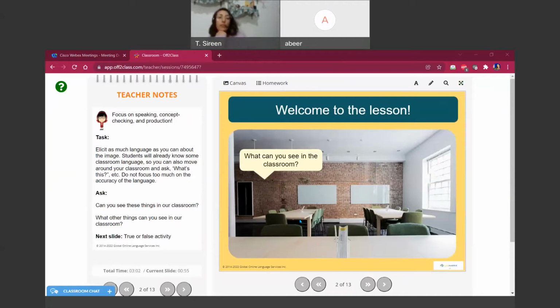شو هي أشياء مثلا عندك كمان أنت بالقسم؟ What do you have in the classroom? نورة. What can you see? طيب when you teach عبير لما أنت تدرسي تمام؟ شو عندك بالقسم؟ Students and teachers and.